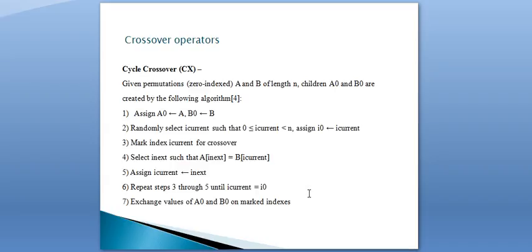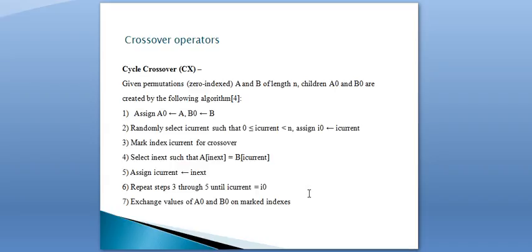Suppose there are two arrays, A and B. We randomly choose an index of child B and name it I current, and we store this I current in I 0 for reference later. Then we choose a random index in child A.